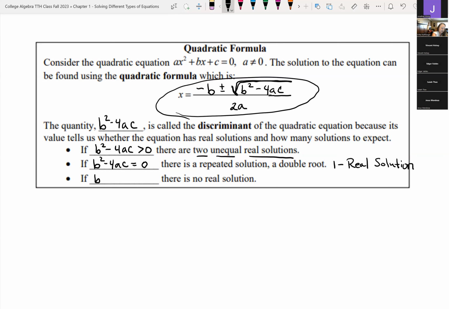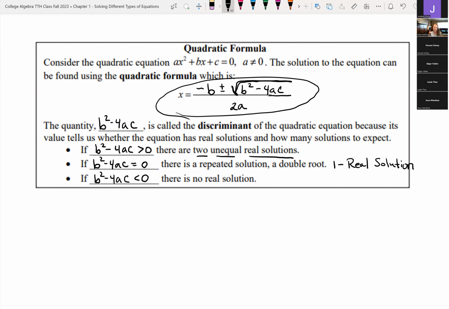If what was underneath the radical, b squared minus 4ac, is less than 0, then there is no real solution. The next section we're going to look at is complex numbers, and that's negative numbers underneath a square root, which gives us i.